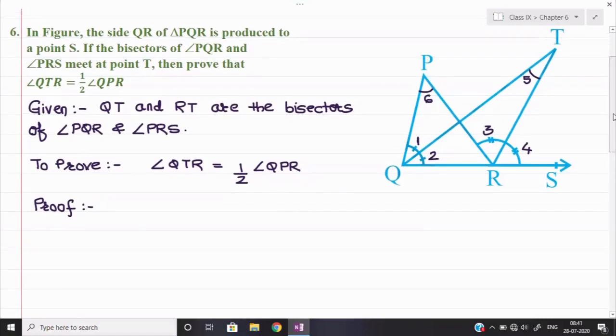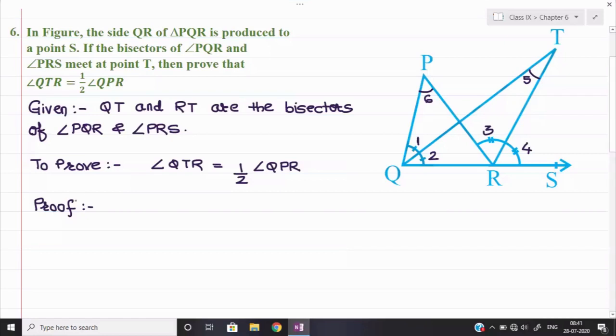We can say QT is bisecting the angle Q. So how many parts is QT making of angle Q? That is only two parts, angle 1 and angle 2. So we can say that these are two equal parts, and since we have only two equal parts, angle 1 and angle 2 both will be half of the angle Q, because these are the only two equal parts, so one will be half of the whole.